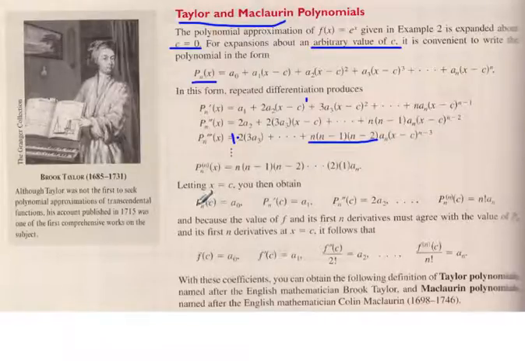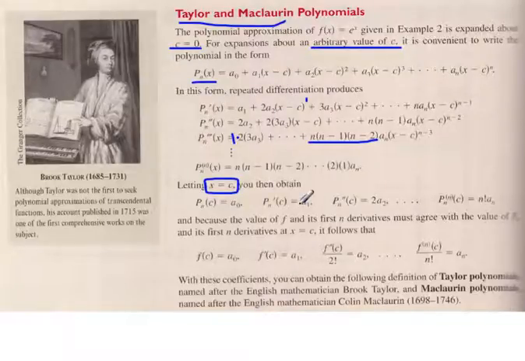Anyway, if you plug in x equals c into the polynomial, you can see that all these terms are going to go away and you're just going to get a sub 0. If you plug x equals c into the derivative, all the terms are going to go away from here on out except for the first one.